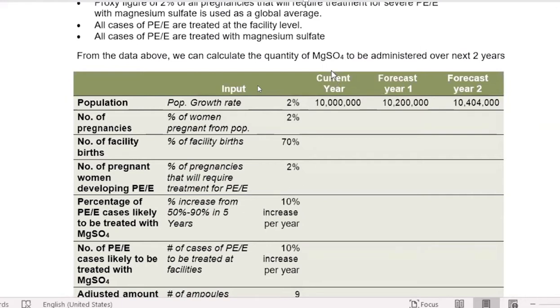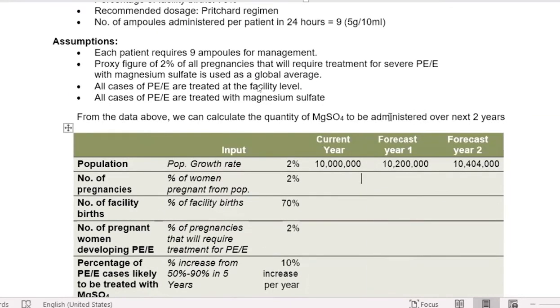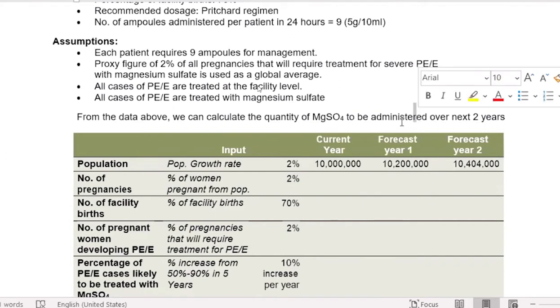So the data has been given based on the current year. If you look at the specification of the question, it says the next 2 years, right? So we are focusing on the current year and the next 2 years.